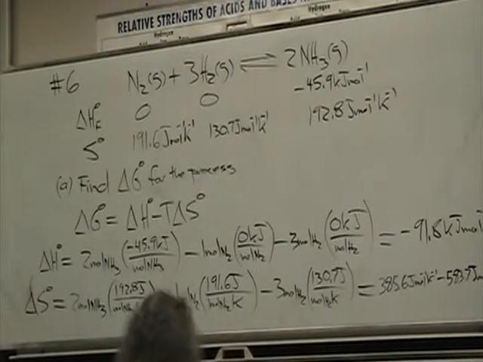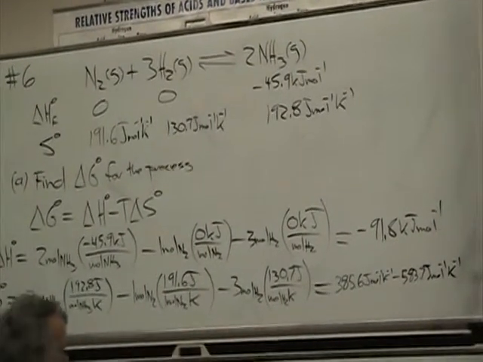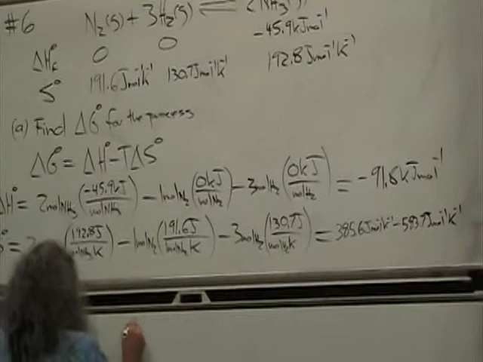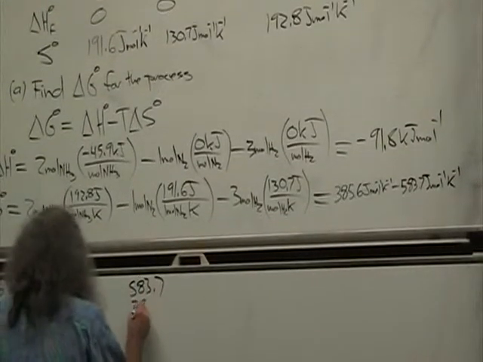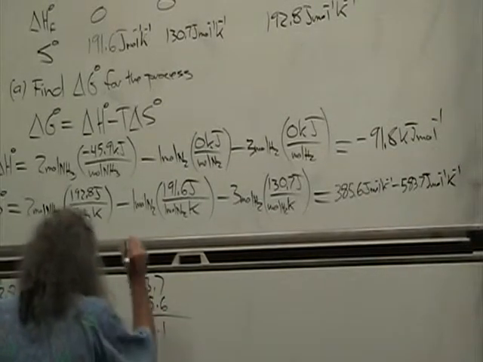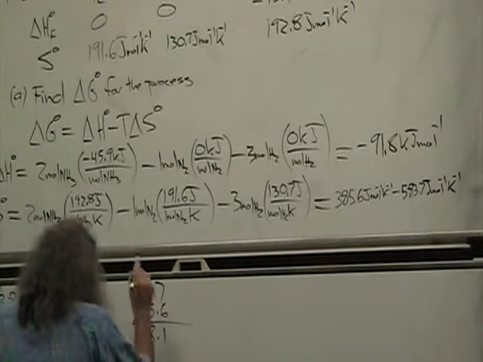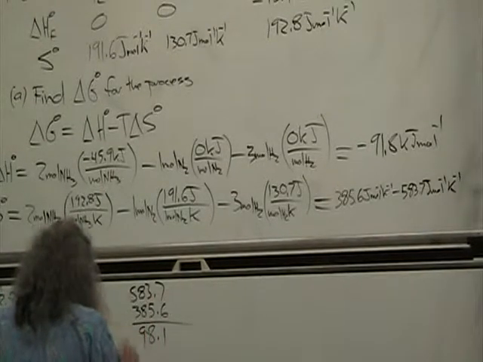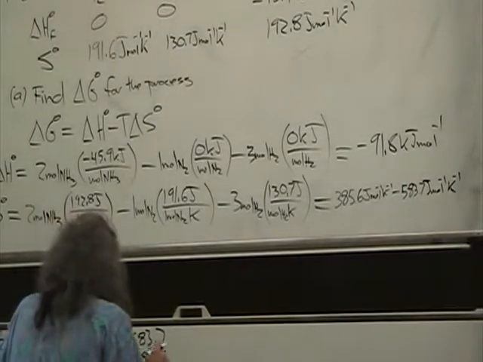Now I can go back to my scratch paper for a second and do that actual calculation. 583.7 minus 385.6, 13 subtract 5 is 8, that's 9, that's 198.1.